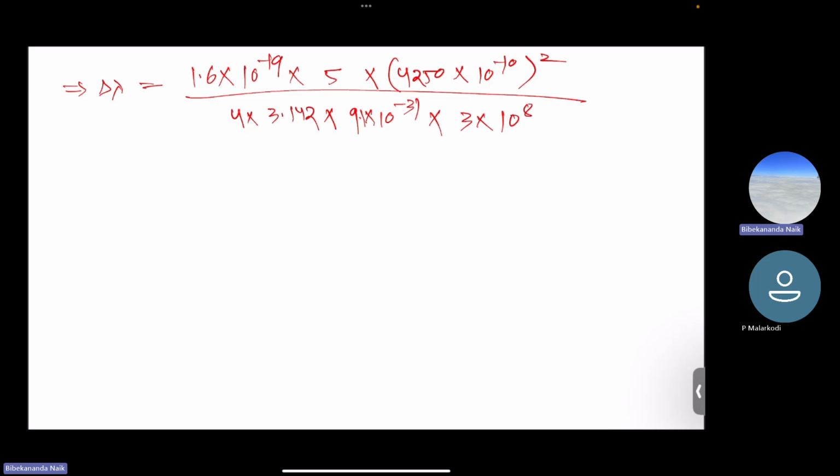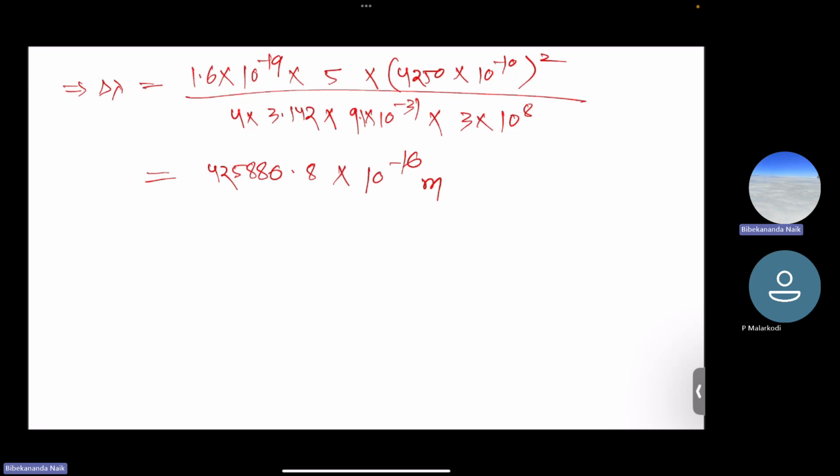So if you calculate, you will get 42588 into 10 to the power minus 16 meter.